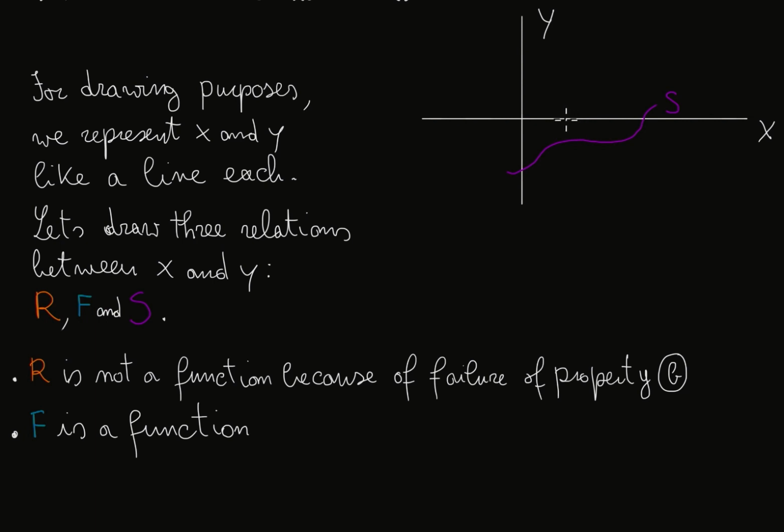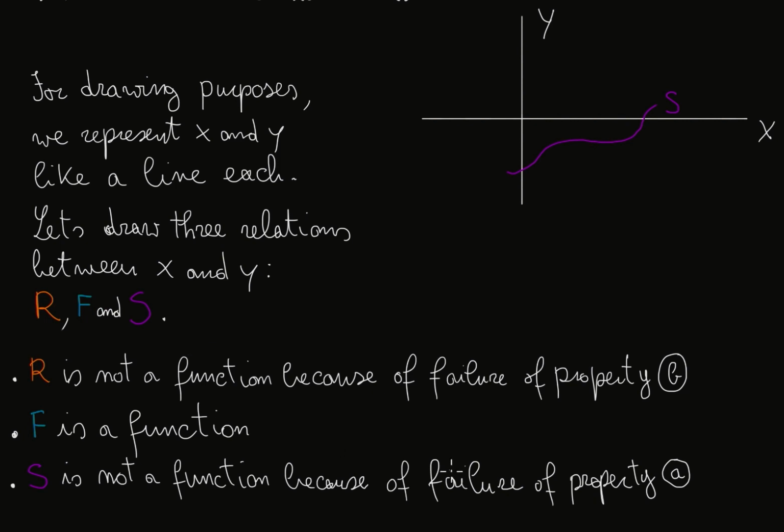But property A for a relation to be a function is not satisfied, because there are elements of x that are not related to any element of y. For example, here, if I take an element of x here, this is not related to any element of y through the relation S. Therefore, once again, S is not a function because of failure of property A.